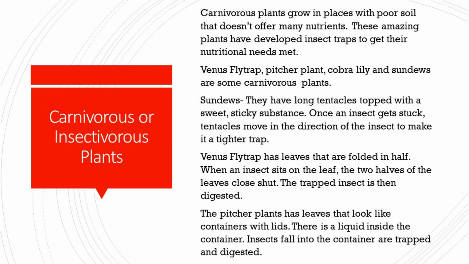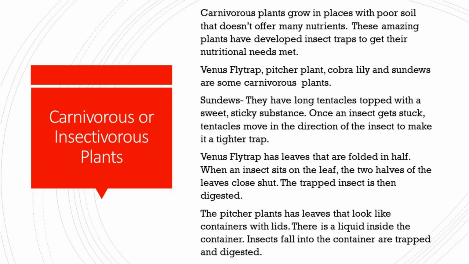Once an insect gets stuck, then the tentacles, finger-like objects, move in the direction of the insect to make a tighter trap, and this way the insect is trapped inside the plant flower, and then the sticky substance kills the insect, and from their body they are taking the nutrition.